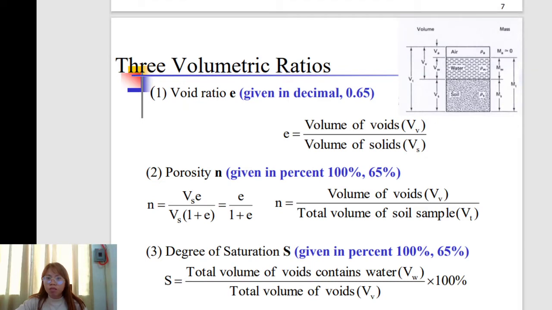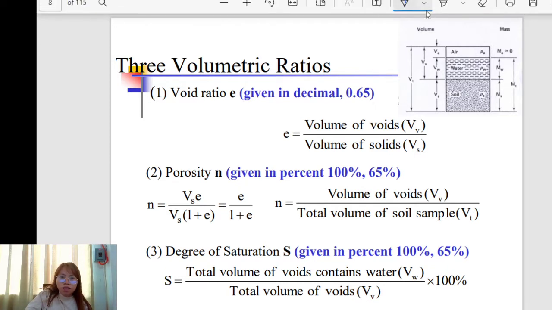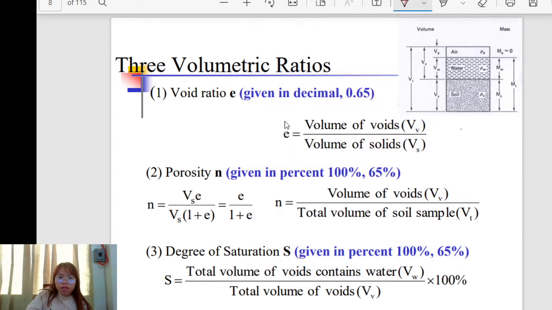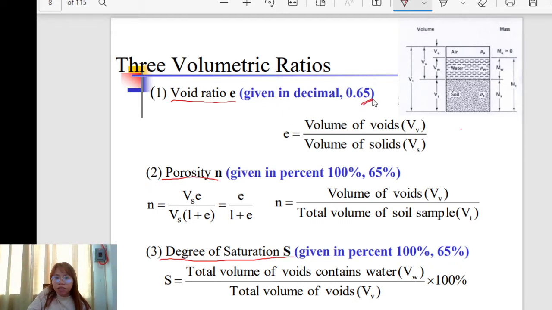So we have the volumetric ratios. We have three volumetric ratios: the void ratio, the porosity, and the degree of saturation S. An example of a void ratio, given as a decimal, is 0.65.